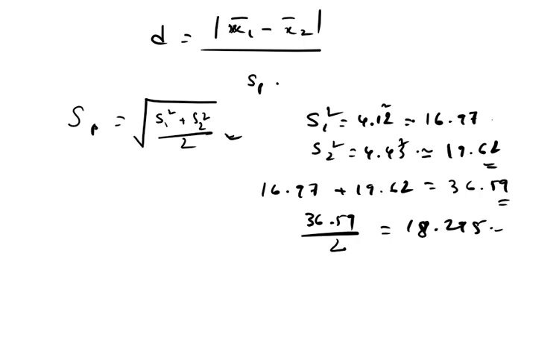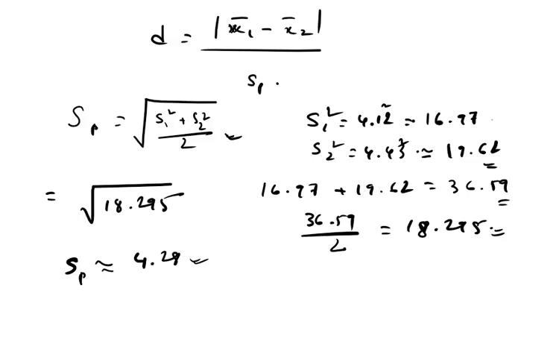Now take the square root, so Sp becomes root of 18.295, that is Sp is nearly 4.28 using the calculator. So our pooled standard deviation is about 4.28.